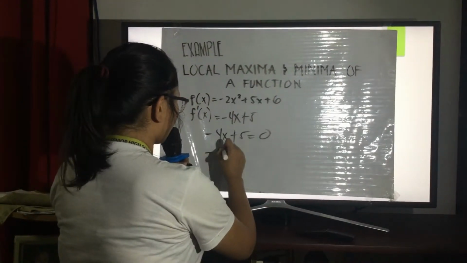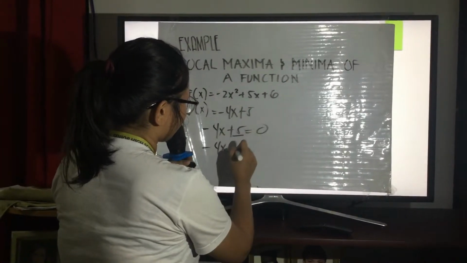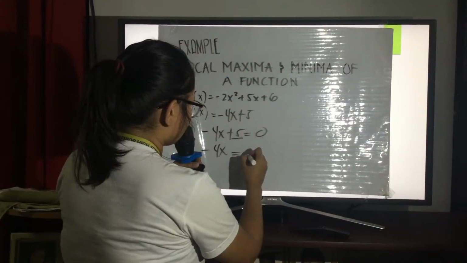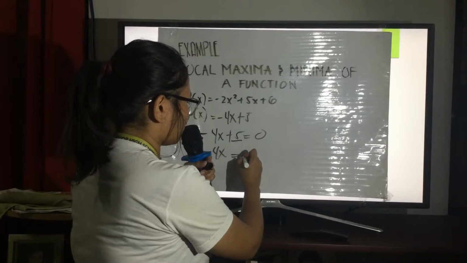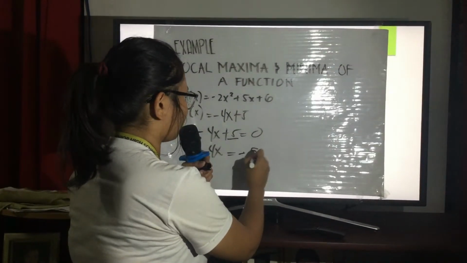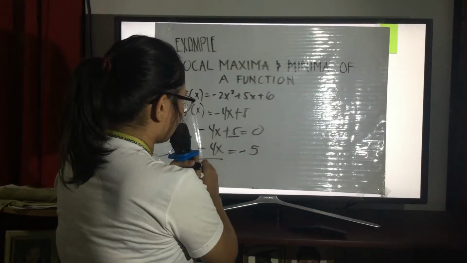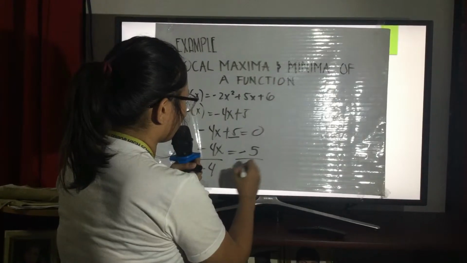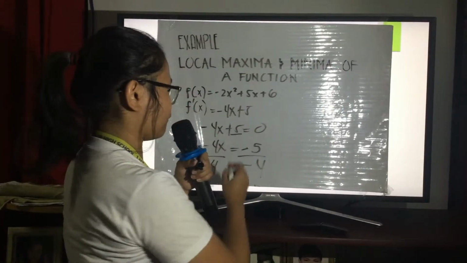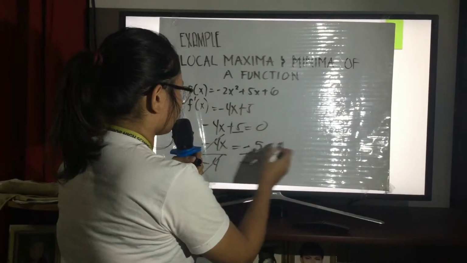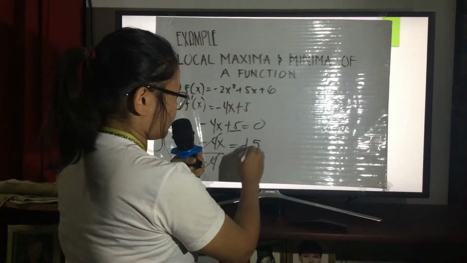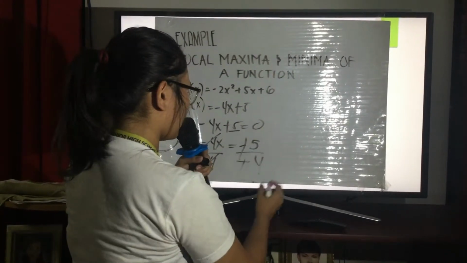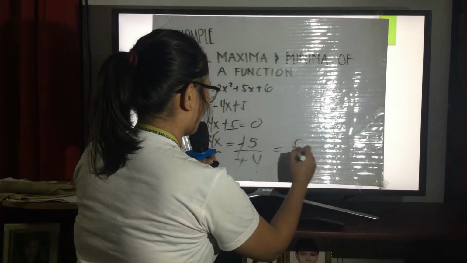So negative 4x, let's transpose the 5 to the other side. So x is equal to negative 5 over negative 4, to cancel the negative 4 of the x and cancel the negative. x is equal to 5 over 4.